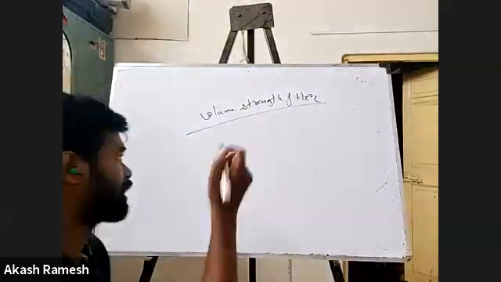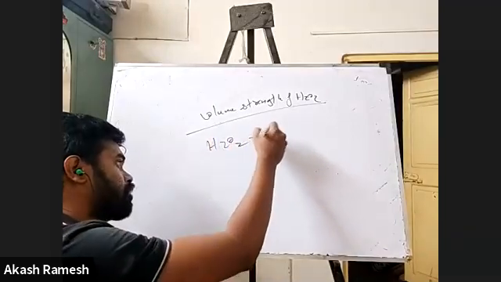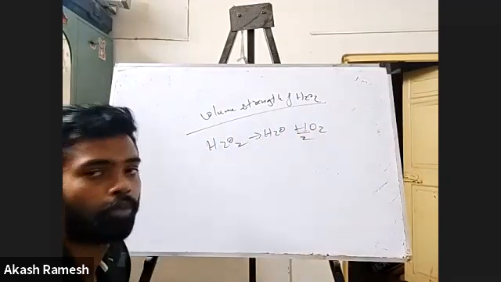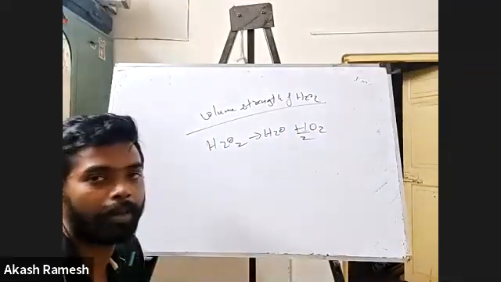Now, please understand the reaction goes like this. Just now we saw the reaction. If you even balance it, it is going to become 1 by 2 O2. So this is a balanced equation.